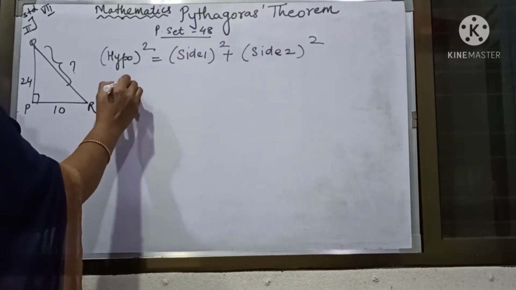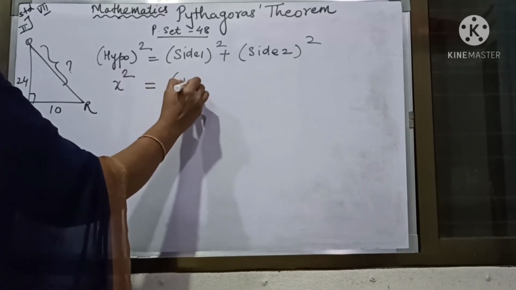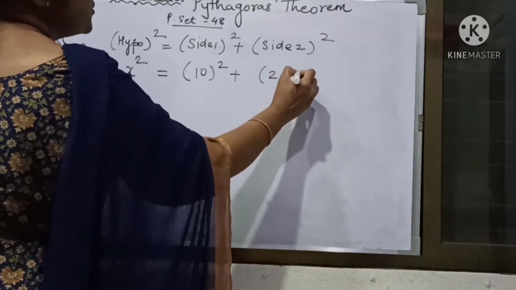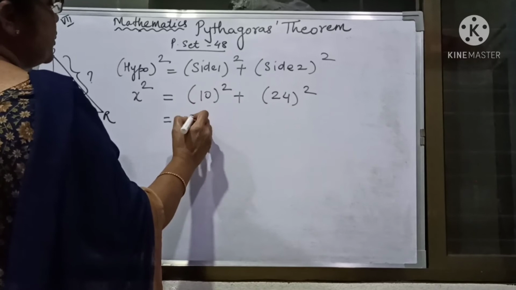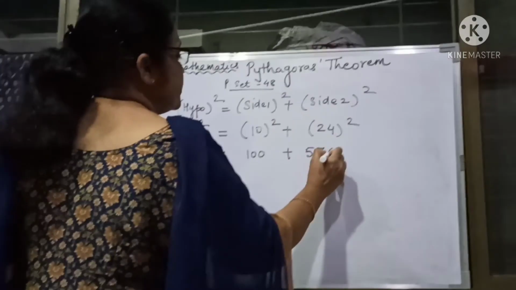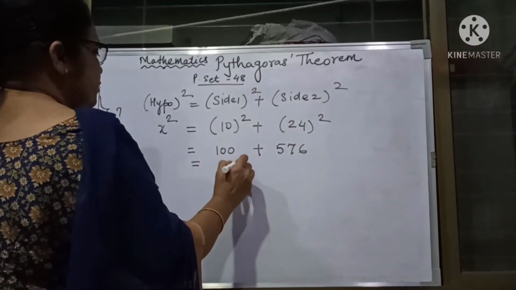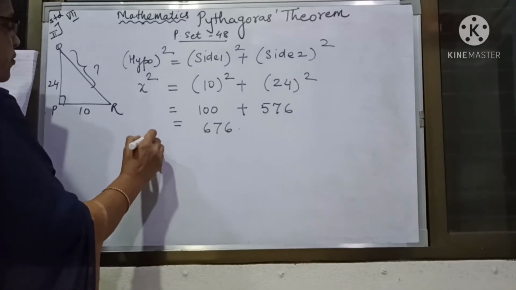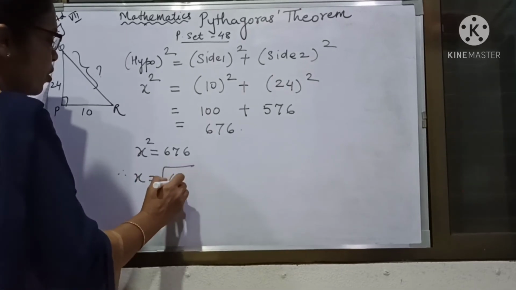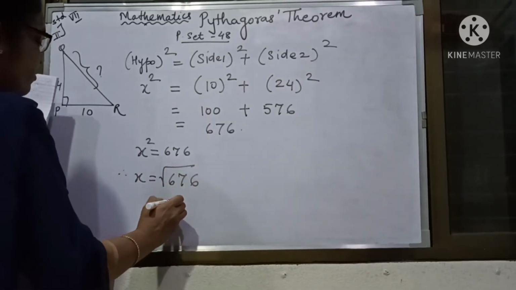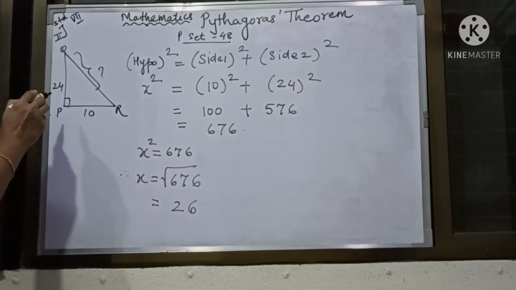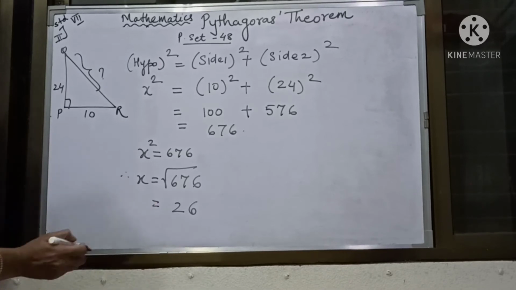So hypotenuse square we don't know. Side 1 is given to you, 10 centimeter, plus side 2 is 24. Square of 10 is 100 plus square of 24 is 576. Do the addition. So x square is equal to 676. Therefore, x is equal to square root of 676, which is equal to 26. Therefore, here the required segment or hypotenuse is 26.